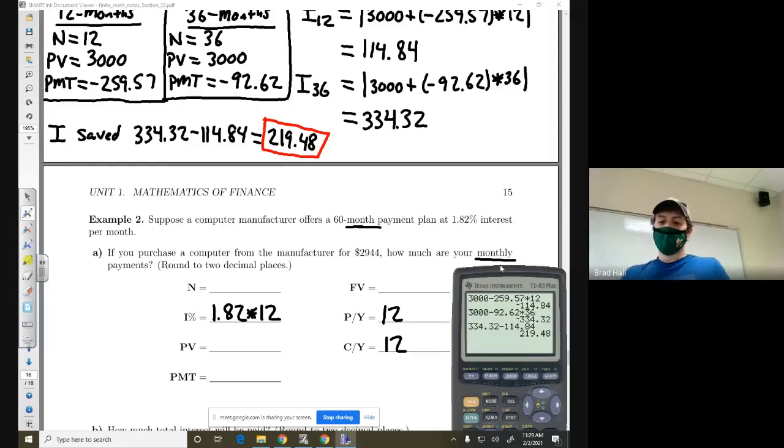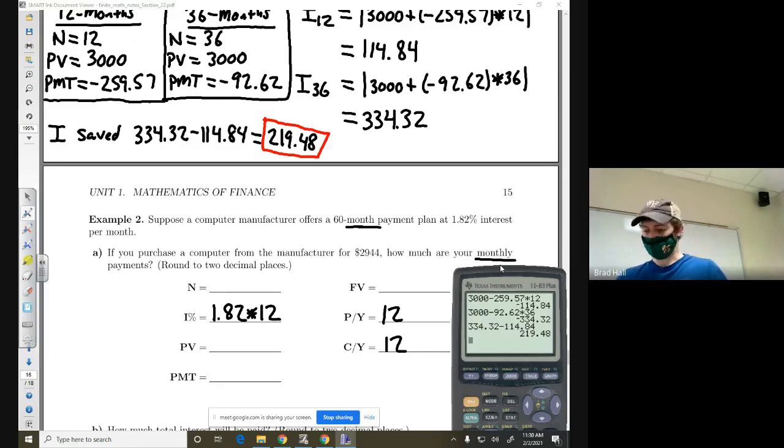is your interest. But in actuality, because they say per month, think about it from the loan company's or the computer manufacturer's perspective. By saying 1.82% per month, you're looking at 1.82, which is a very good interest rate.